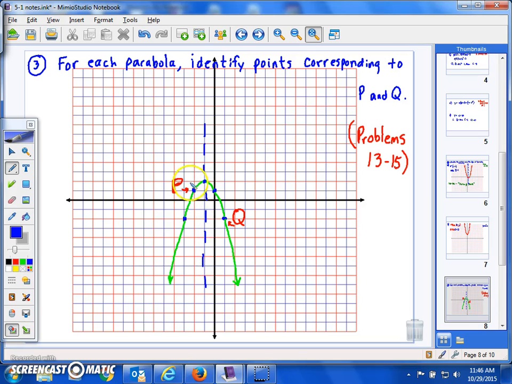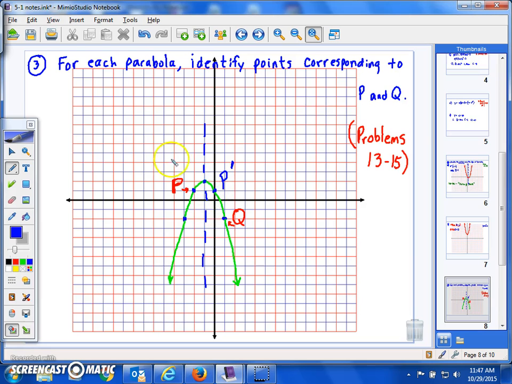That means that point P, in this case, has a matching point on the other side of the AOS. And we call that point P prime. So tomorrow I'm going to show you the answers to P prime and Q prime. That just means the matching point for P and Q.